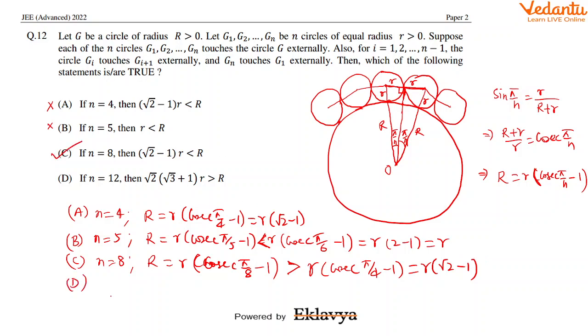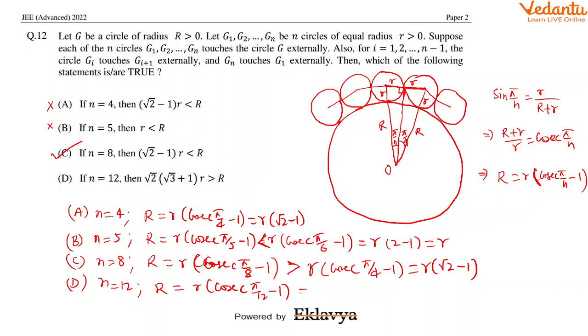Similarly, option D, if we check n equal to 12, capital R is r times cosec pi by 12 minus 1. Pi by 12 is 15 degrees, and we can find cosec 15 degrees by taking 1 upon sine 15. Sine 15 we can write as sine of 45 minus 30, and we know the value.